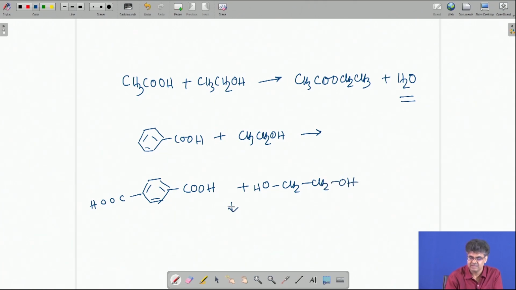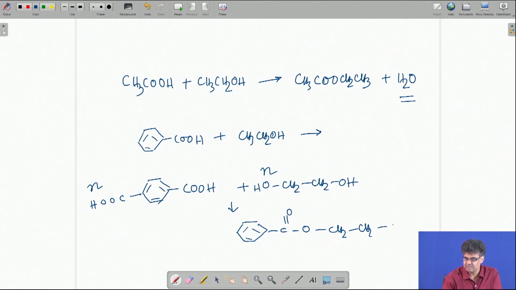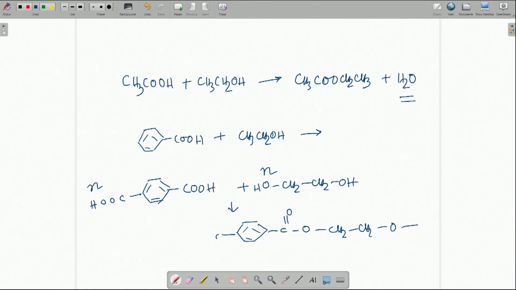Then on reaction, say if we have n number of these molecules and n number of these molecules, then we get this polymer, n of this, plus 2n minus 1 H2O molecules.